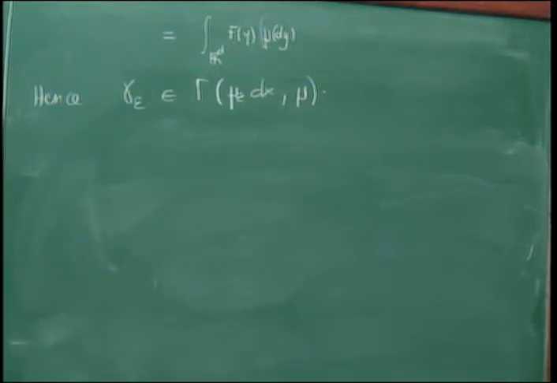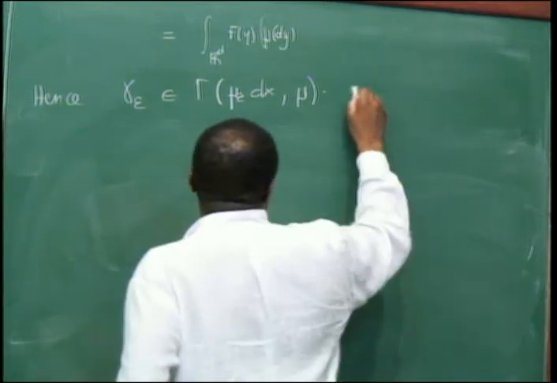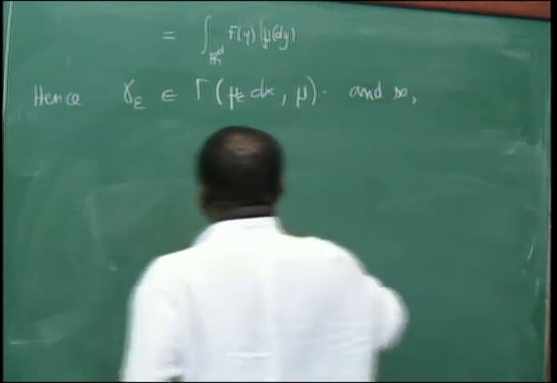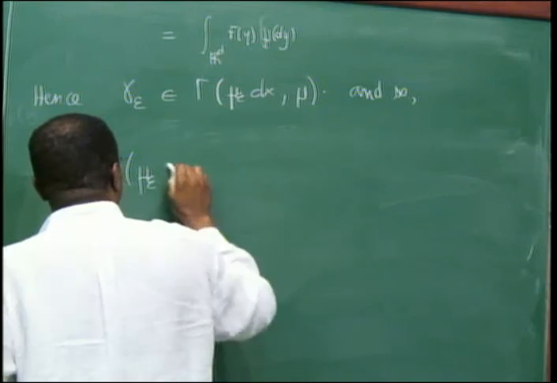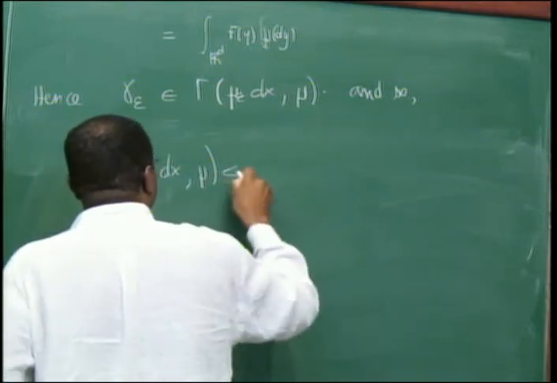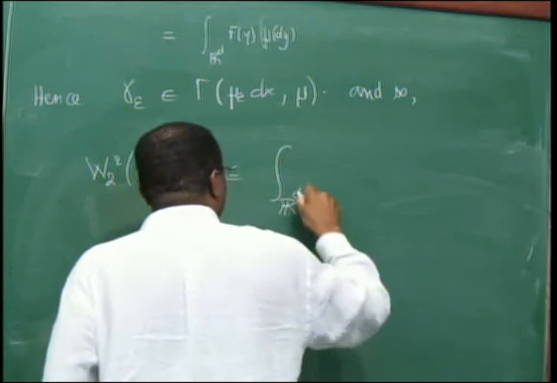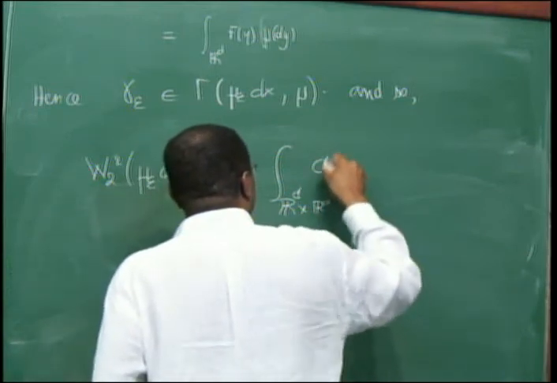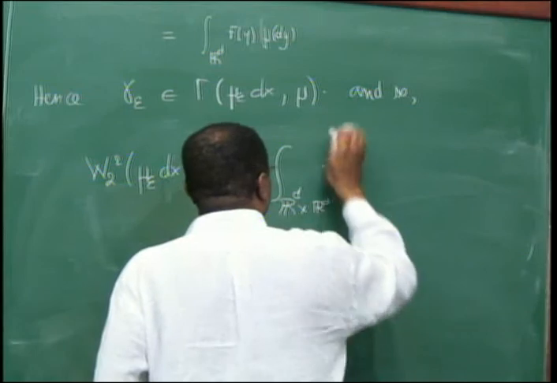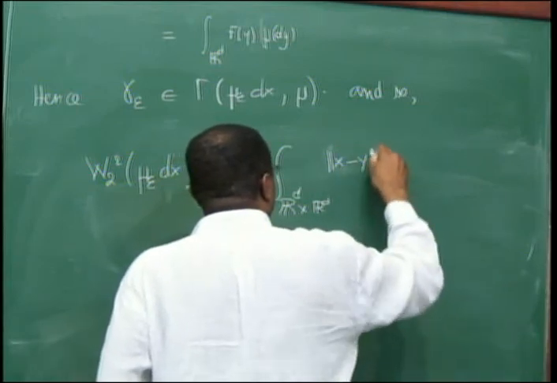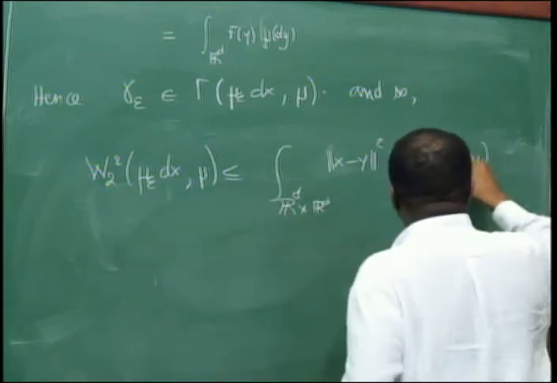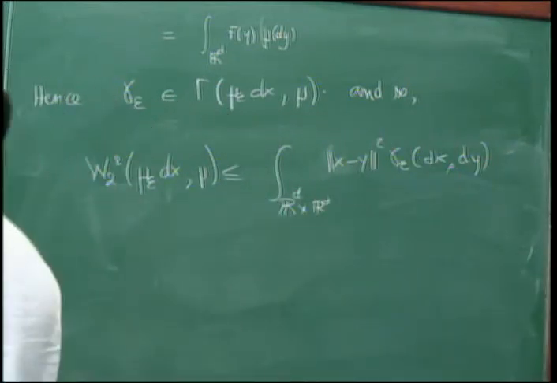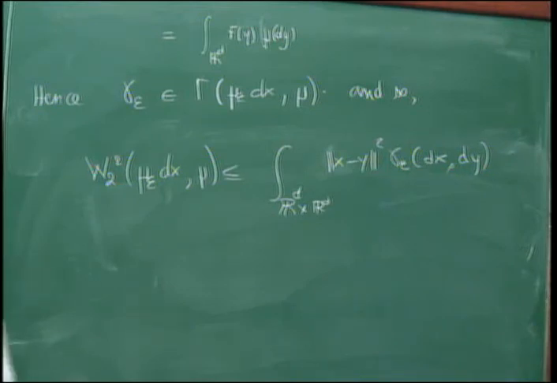I can use that to bound the Monge cost. Hence, W2 square between mu epsilon ds and mu is less than the integral over Rd cross Rd of c of x, which is 1/2 x minus y square gamma epsilon ds dy. I am going to replace gamma epsilon by its definition.